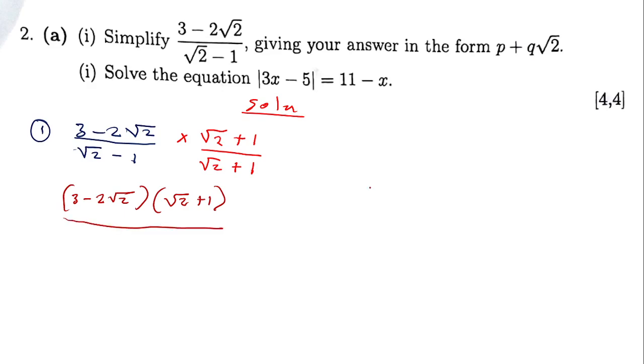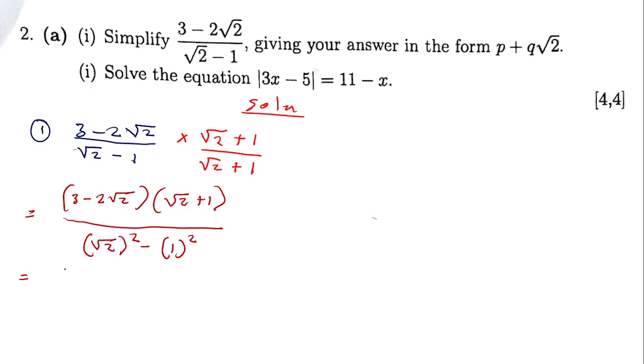If you look at the denominator, that's the difference of two squares. So I can easily say square root 2 squared minus 1 squared. With this done, I can work out everything, where I multiply this by everything there.